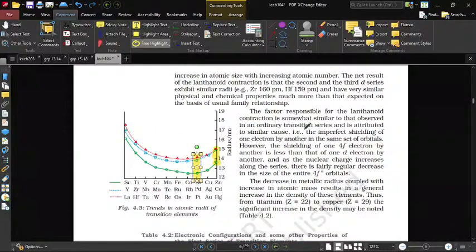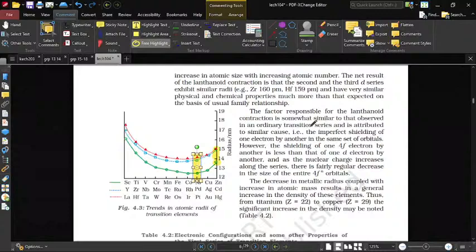The factor responsible for lanthanoid contraction is somewhat similar to that observed in any ordinary transition series and is attributed to a similar cause, that is, the imperfect shielding of one electron by another in the same set of orbitals. However, the shielding of one 4f electron by another is less than that of one d electron by another.